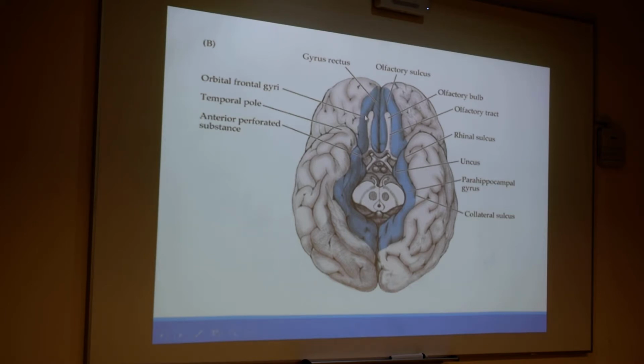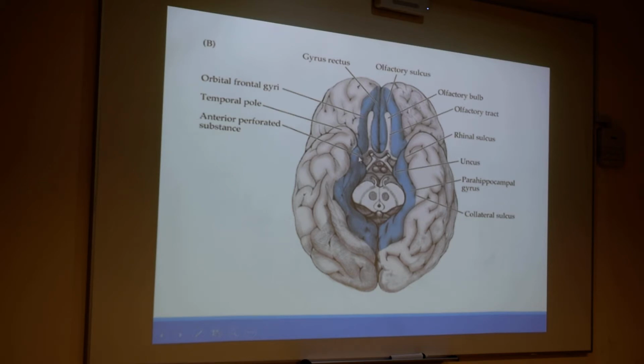Now, I just want to show you one thing here. Can you see these structures here? What are those? Exactly. Can you see the close relation of all this blue area to the olfactory bulb and olfactory tract? And the fibers running in the olfactory tract, I'm not going to mention how they reach there, but they're actually going to give some fibers to the amygdala as well. Look at the close relationship here.